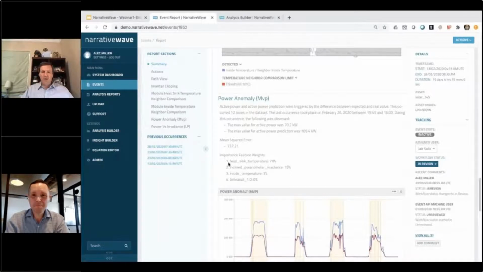And in this case, it's saying, hey, your heat sinks are most closely correlated, and it's supposed to be irradiance because this is a solar plant, right? And this is right. So this is an example of it finding something that a human engineer might not find, or particularly won't find at scale. And so the best practice here is to help summarize the information coming out of the analytic in an easy to consume way.